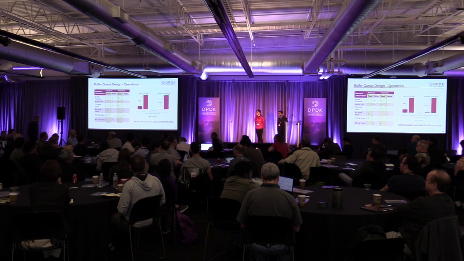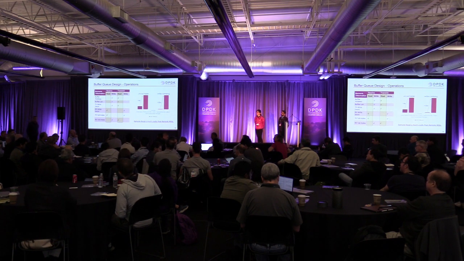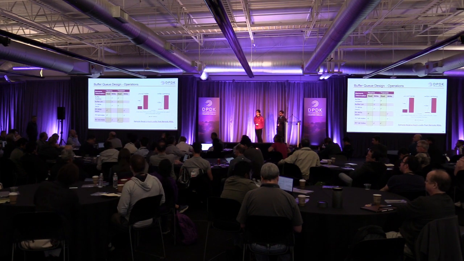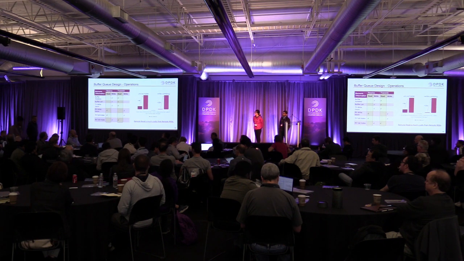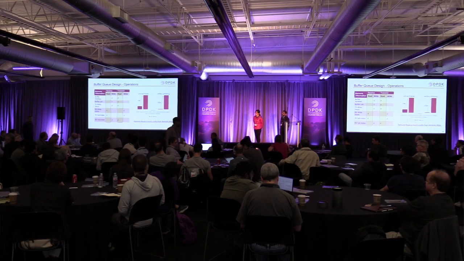Hi, I have a question related to performance. What is the performance difference that you see from NTB supporting DPDK and non-DPDK, with and without PMD? Okay, there is kernel support for the NTB device.